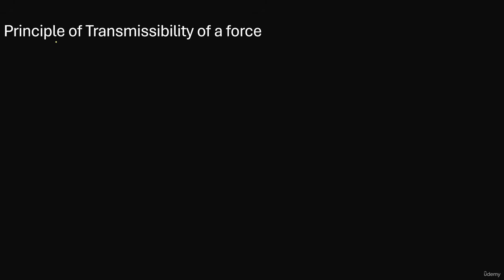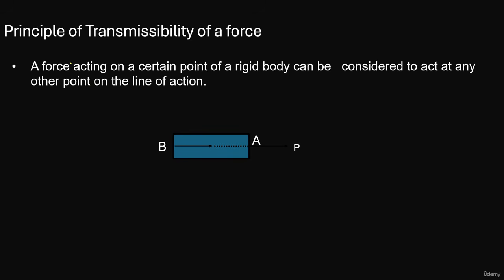Next, let's try to understand the principle of transmissibility. As mentioned earlier, a force can be placed anywhere on its line of action. Let me repeat it here: a force acting on a certain point on a rigid body can be considered to act at any other point on its line of action. Let's say this is the line of action of some force, directed towards the positive x-axis. Let's call it F1.